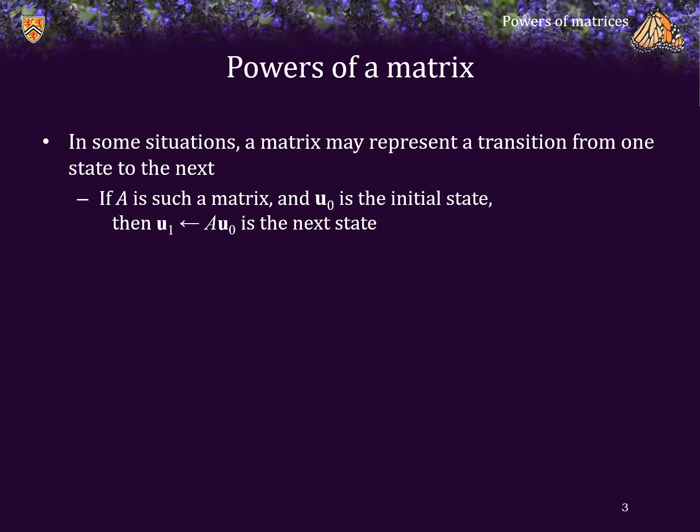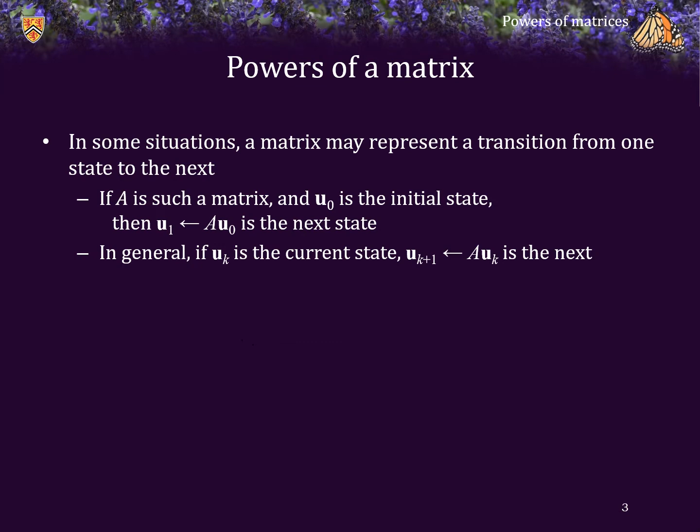Anyway, in each of these cases, if A is such a matrix and U0 is the initial state, then we can find the next state by simply multiplying U0 by the matrix A. So U1 is assigned A times U0.